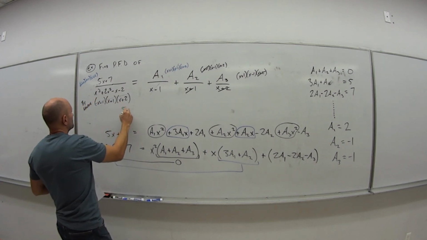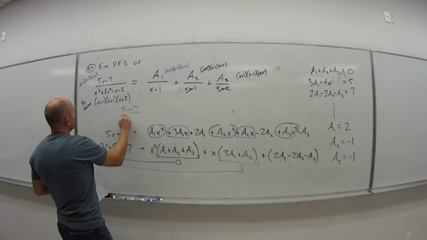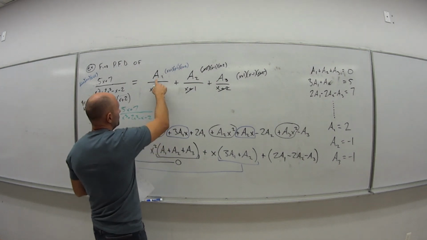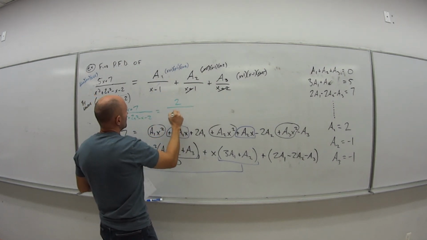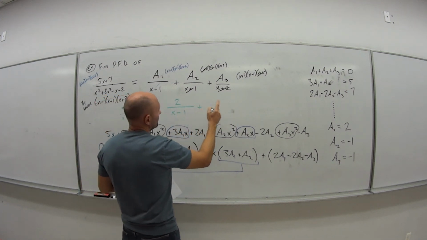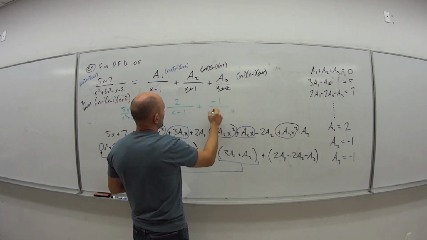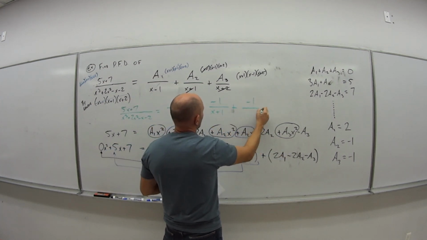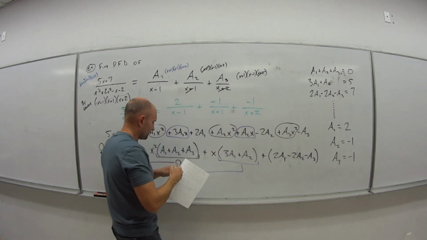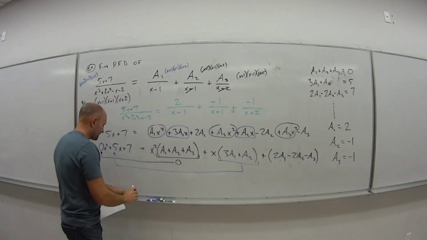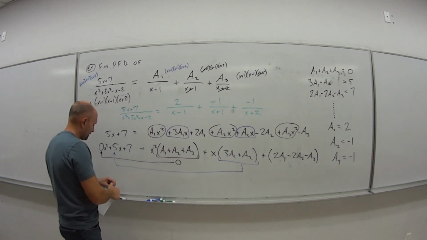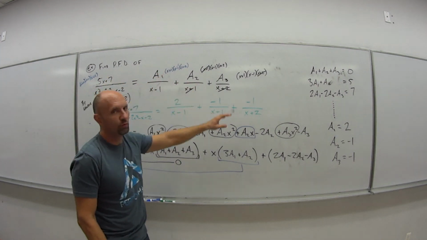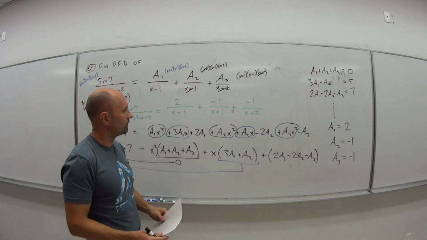So we have 5x plus 7 over x to the third plus 2x squared minus x minus 2 is equal to a1, which was 2, over x minus 1, plus a2, which is negative 1, over x plus 1, plus a3, which is negative 1, over x plus 2. So that's the decomposition of this rational expression, breaking it out into its different factored pieces.